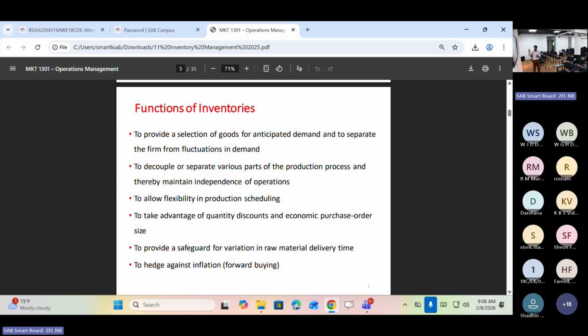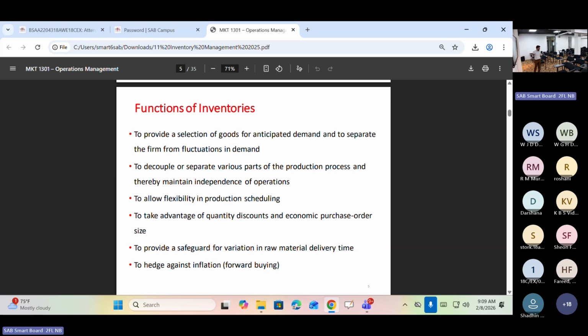Through inventories, especially finished goods inventories, businesses can separate the market demand from production. So they can separate production from market demand rather. Because by supplying the right products through the inventories, they can independently maintain their operations without much worrying about the market fluctuations.